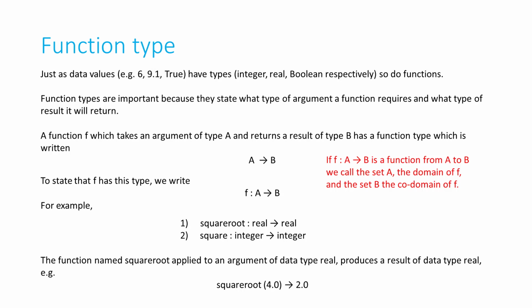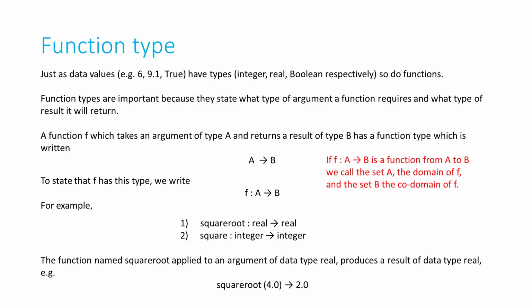For example, if we have a square root function, we write the name square root, colon, and then the function type, which consists of the name real, a right directed arrow, followed by the name real. If the function is square, we write the function as square colon, and then the name or identifier for the type of the argument, integer, and then the right directed arrow, and then the name or the identifier for the result type, which is integer in this case.